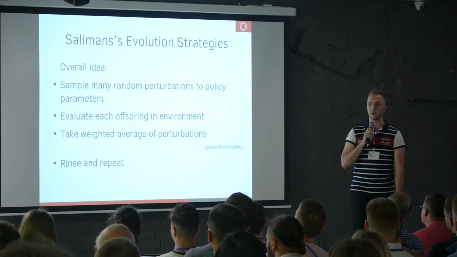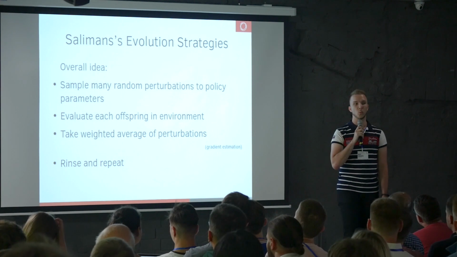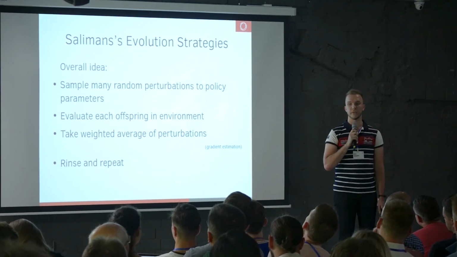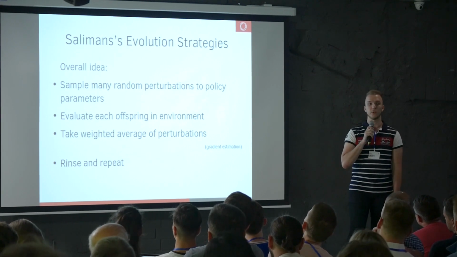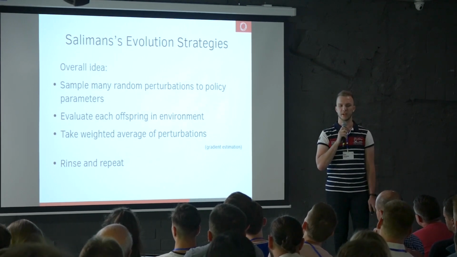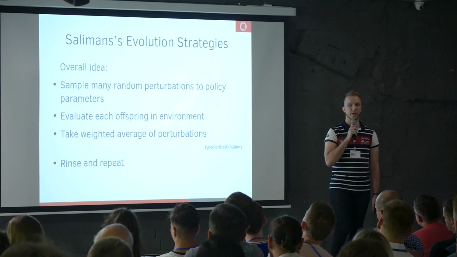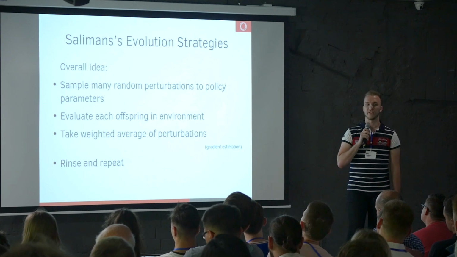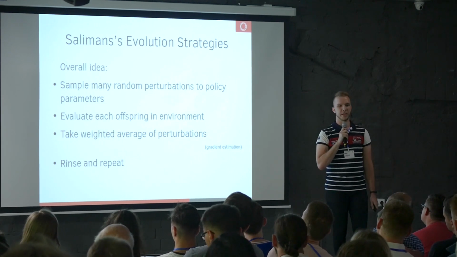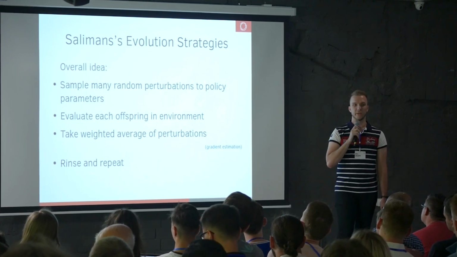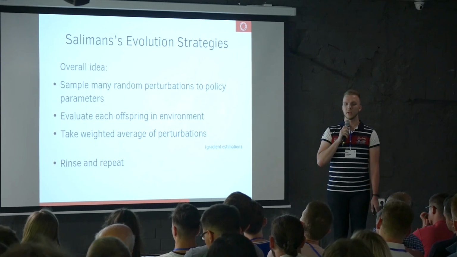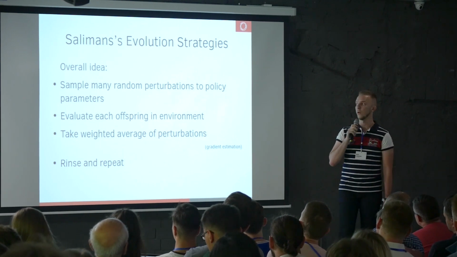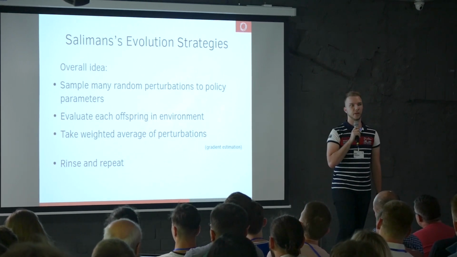The first great topic was developed in 2017 by Tim Salimans, and he developed a neuroevolution algorithm. There is actually nothing to say about evolution there, it is just a convenient name. The overall idea was to sample many policies with Gaussian noise applied to the parameters, then evaluate everything in the environment, and then take the weighted average.